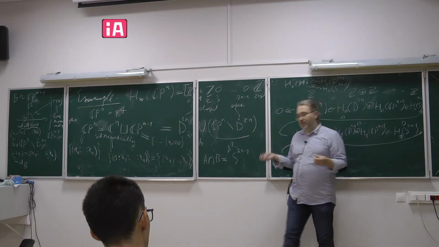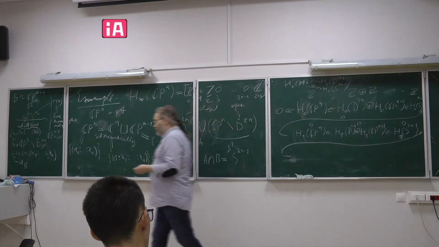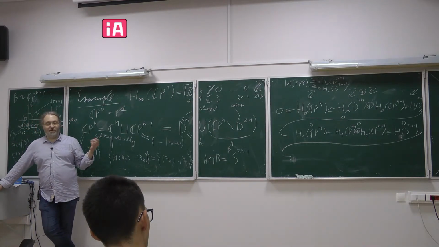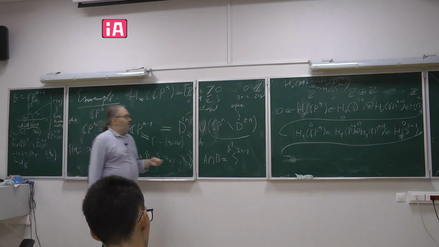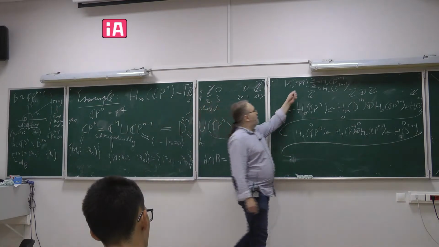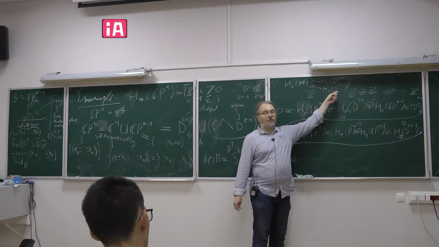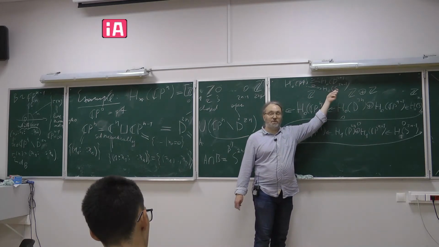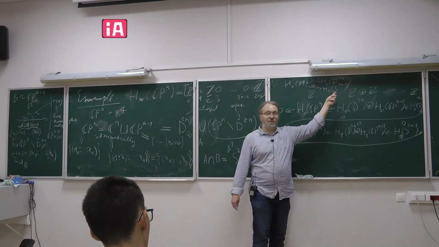So the group H0 is Z, and every point is a retract of the sphere. If we have a point inside a sphere, this point is a retract of the sphere.